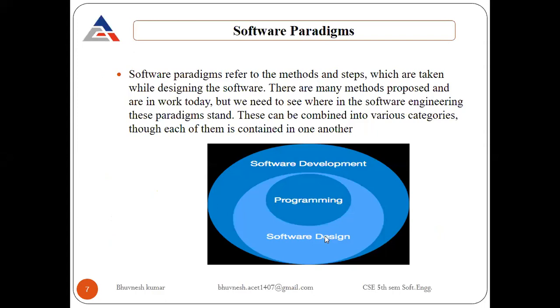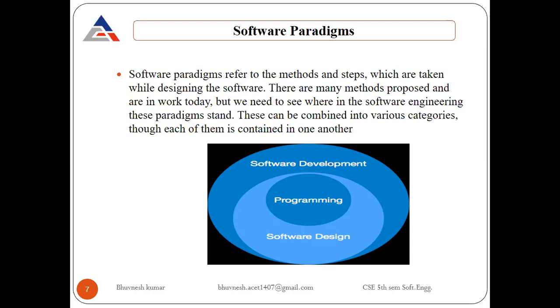Okay, next slide is software paradigm. What does software paradigm mean? Software paradigm refers to the methods and steps which are taken while designing the software. This will refer to the methods and steps while designing the software.